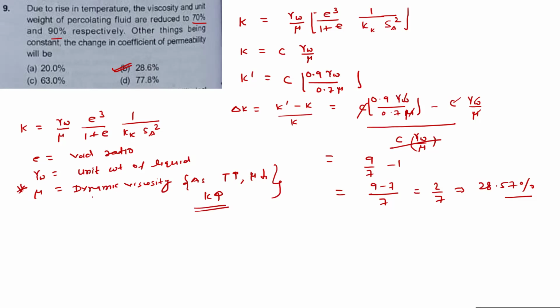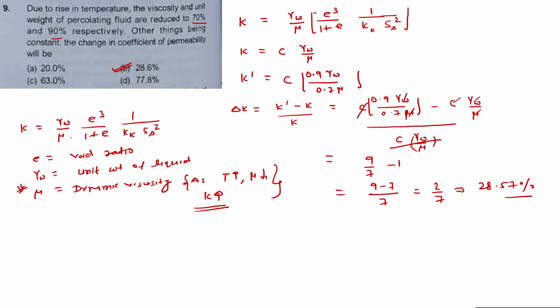Viscosity has a greater change as compared to gamma W. When temperature increases, gamma W may also increase or decrease; gamma W is maximum at 4 degrees Celsius, but the change in gamma W as compared to the change in mu is less.